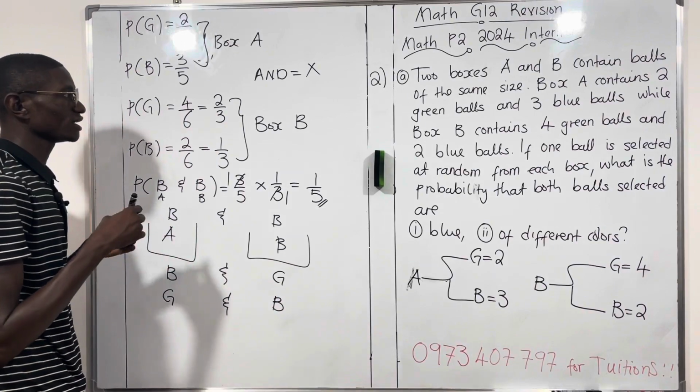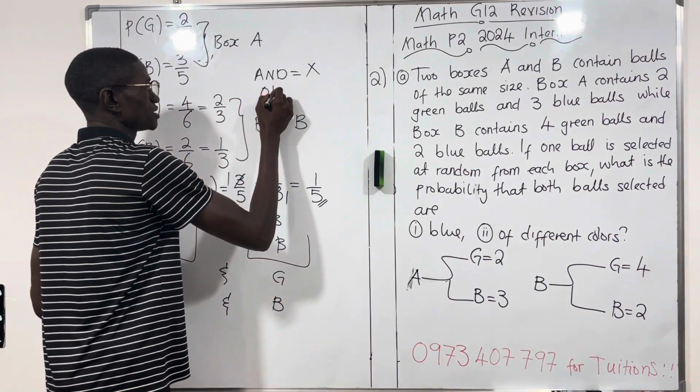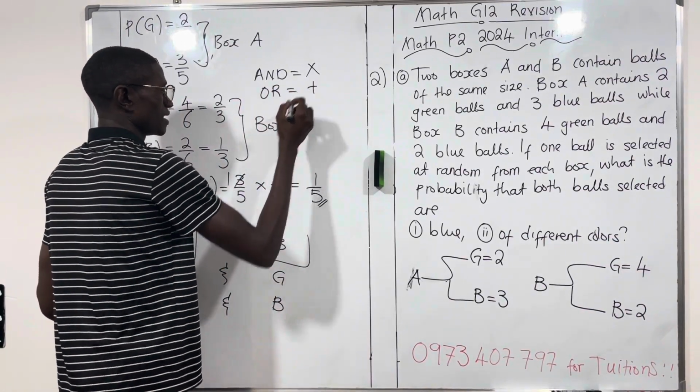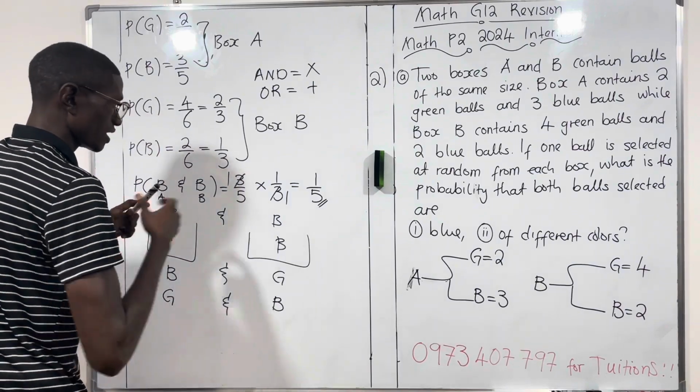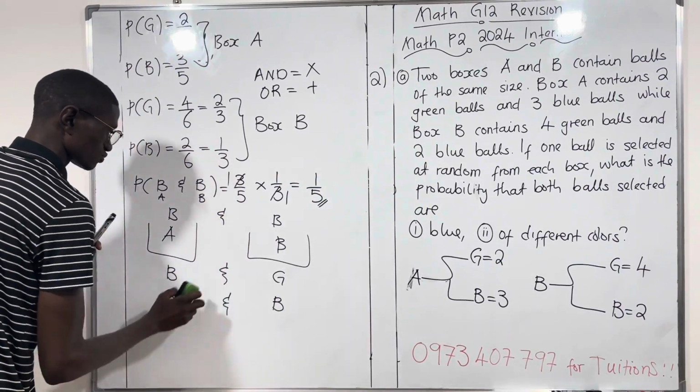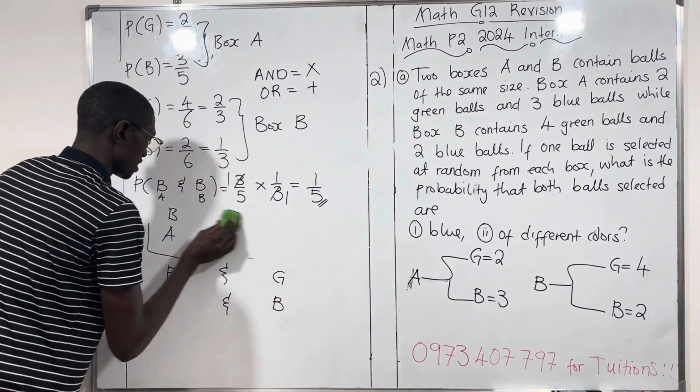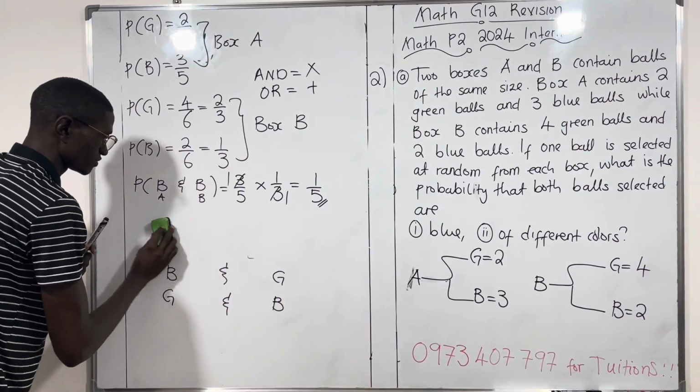So or in probability means addition. The actual probability, I want you to take note of this, what we have there. Let me just write it up here before I erase what we have down there.